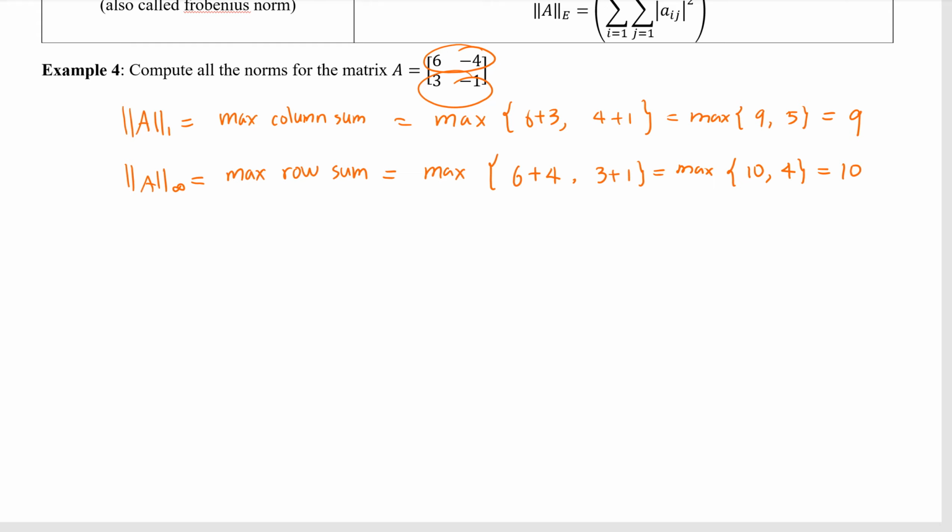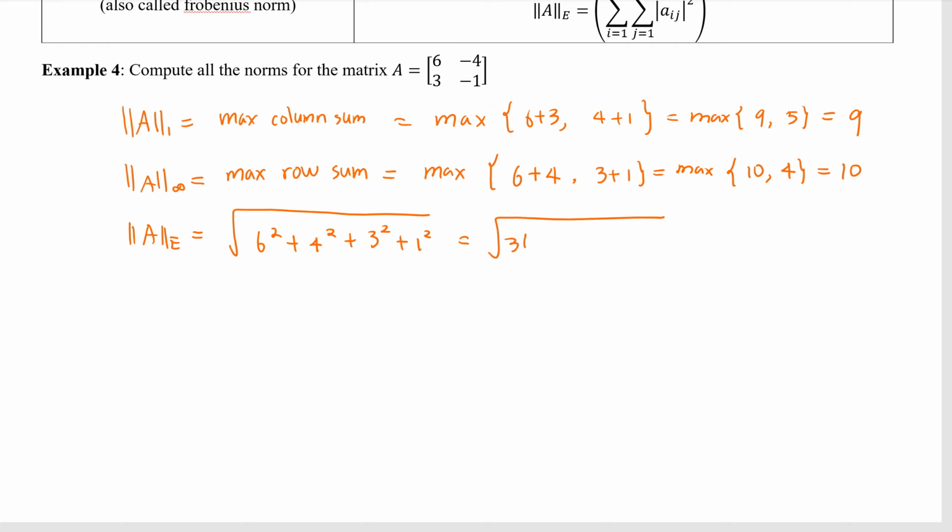And then we have the Euclidean norm. The Euclidean norm equals the square root of the sum of each entry squared. So 6 squared, 4 squared, 3 squared, 1 squared. I don't need to put a negative there because negative 1 squared is just 1.